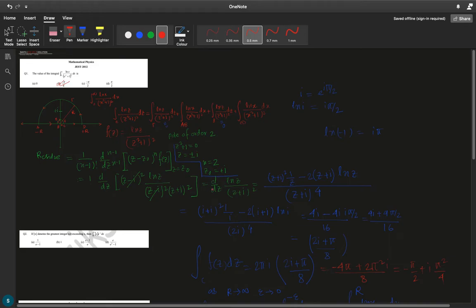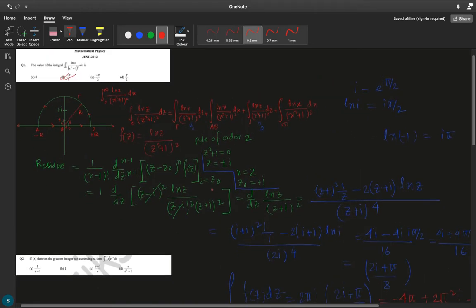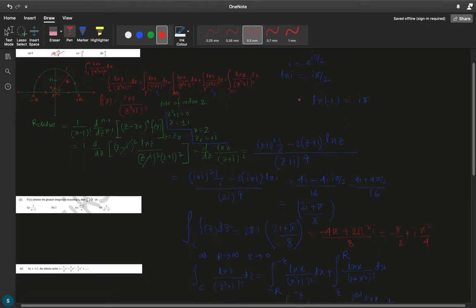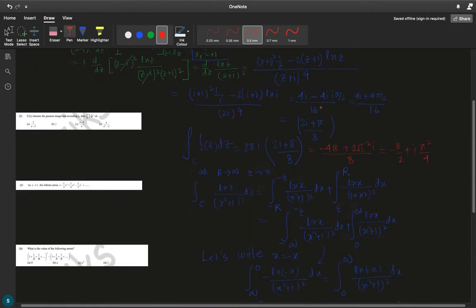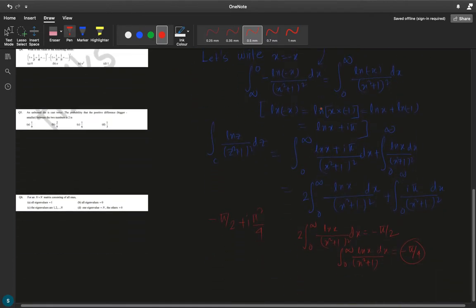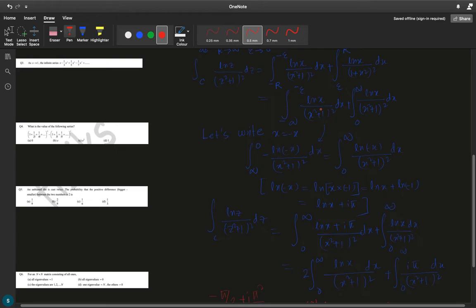This is a very simple integral, not very difficult, but yes, you need to practice this type of integral, otherwise you won't be able to solve it, because here we have written ln of minus 1 equal to i pi. This is one crucial point. Another crucial point is i equal to e to the power i pi by 2. If you want to write it in this format, you need to practice it definitely.